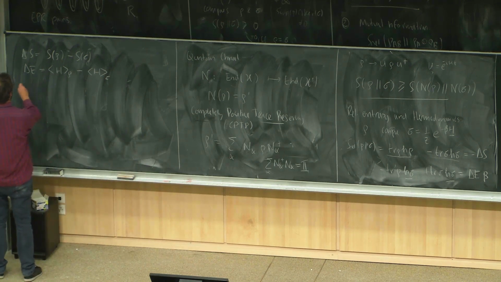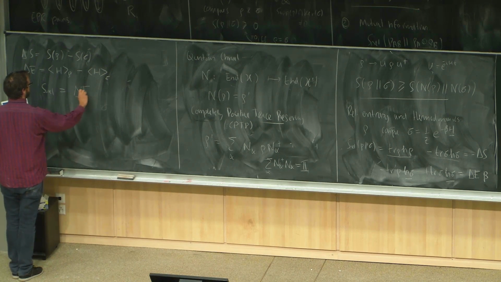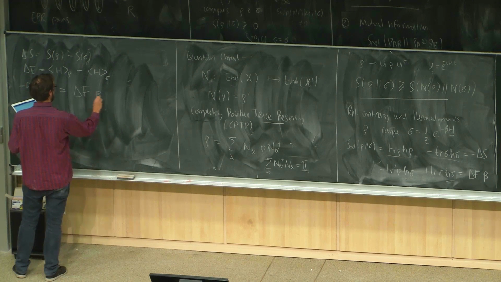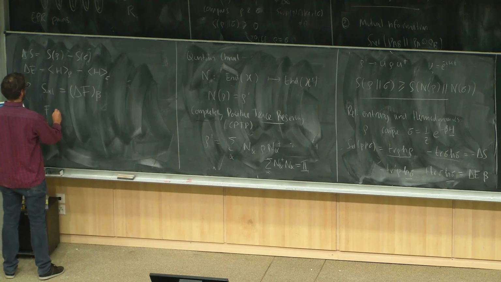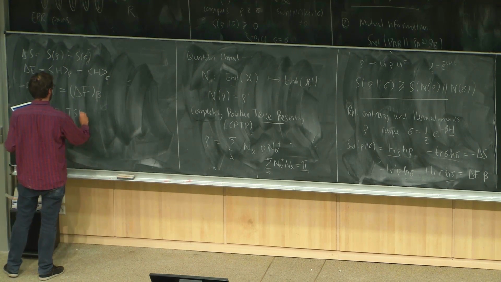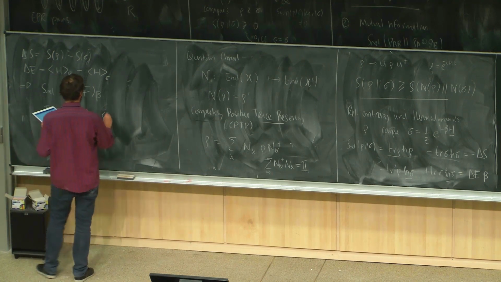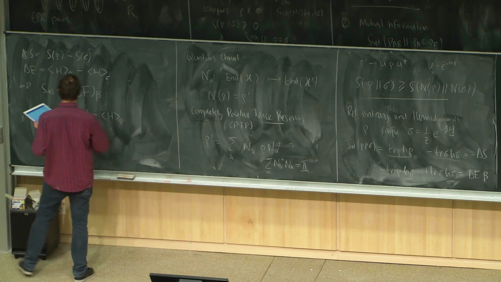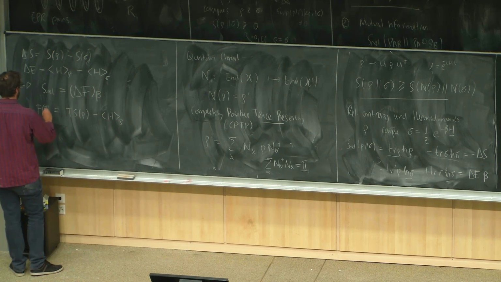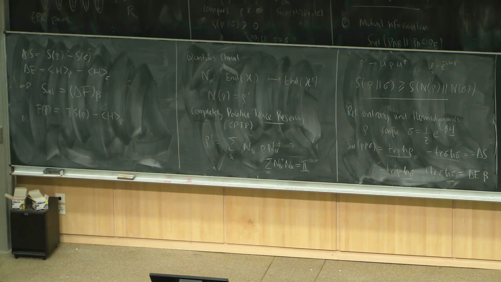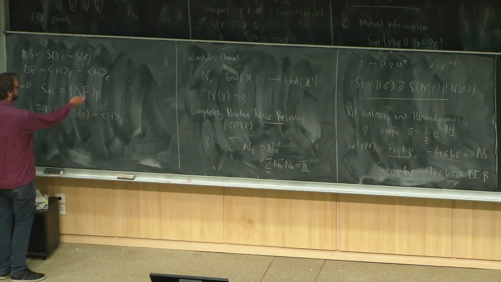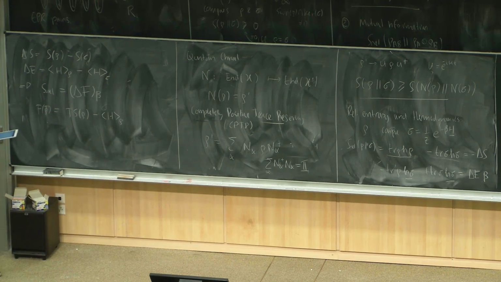So then you see that the relative entropy is a change in a free energy, beta times the free energy, where the free energy is E minus TS. So that's F of rho. The fact that it's positive is just the usual statement that the changes in free energy away from equilibrium are positive.